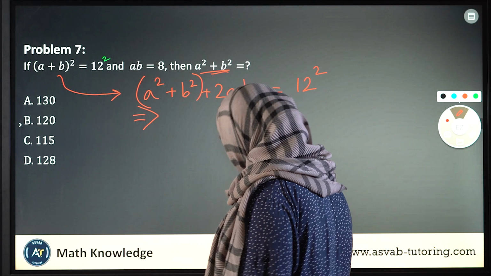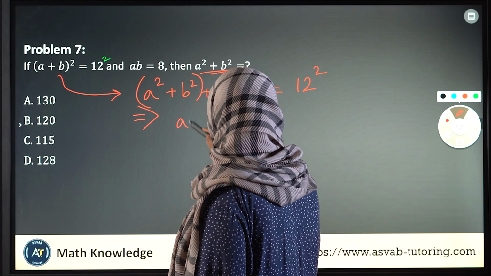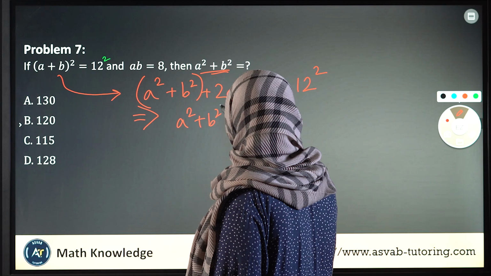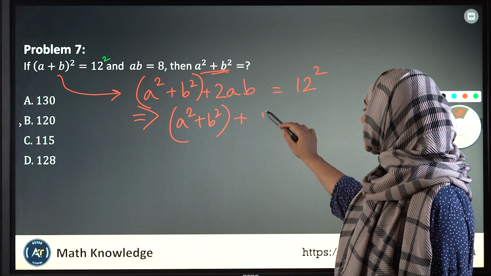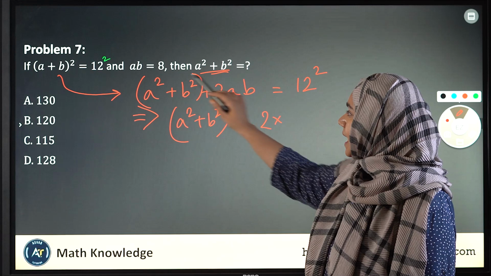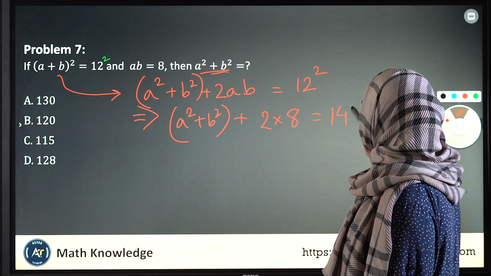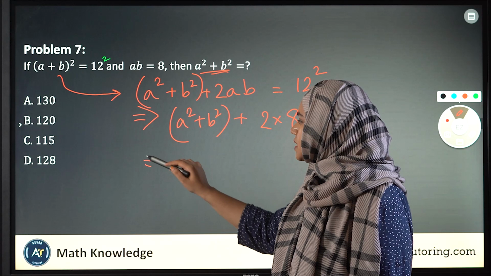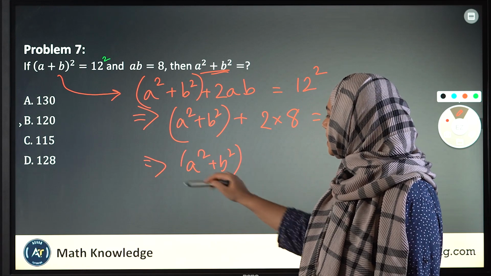So while doing that, we can also see that a squared plus b squared brings itself down. And in the case of 2 times ab, we can actually write 2 times what? ab here is 8. Equals 12 squared, which is 144. So a squared plus b squared is going to be what?